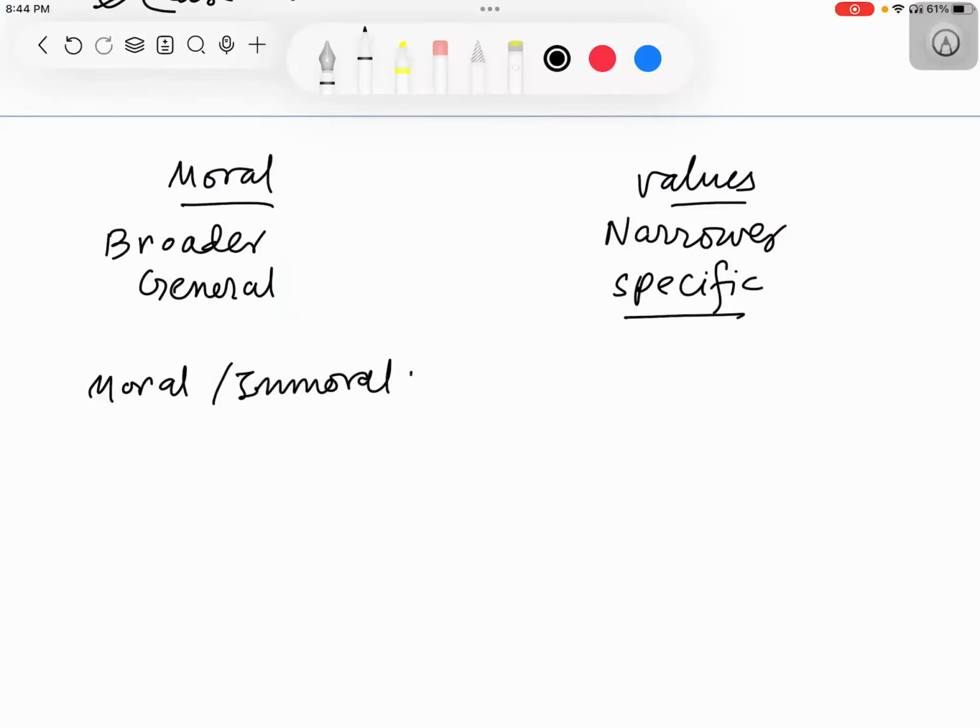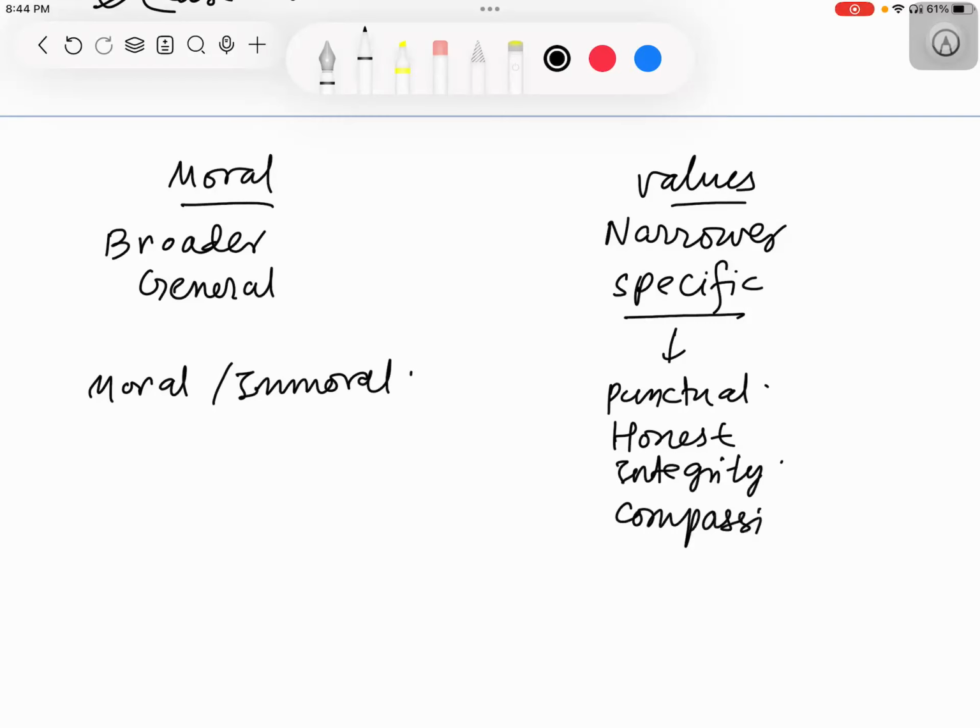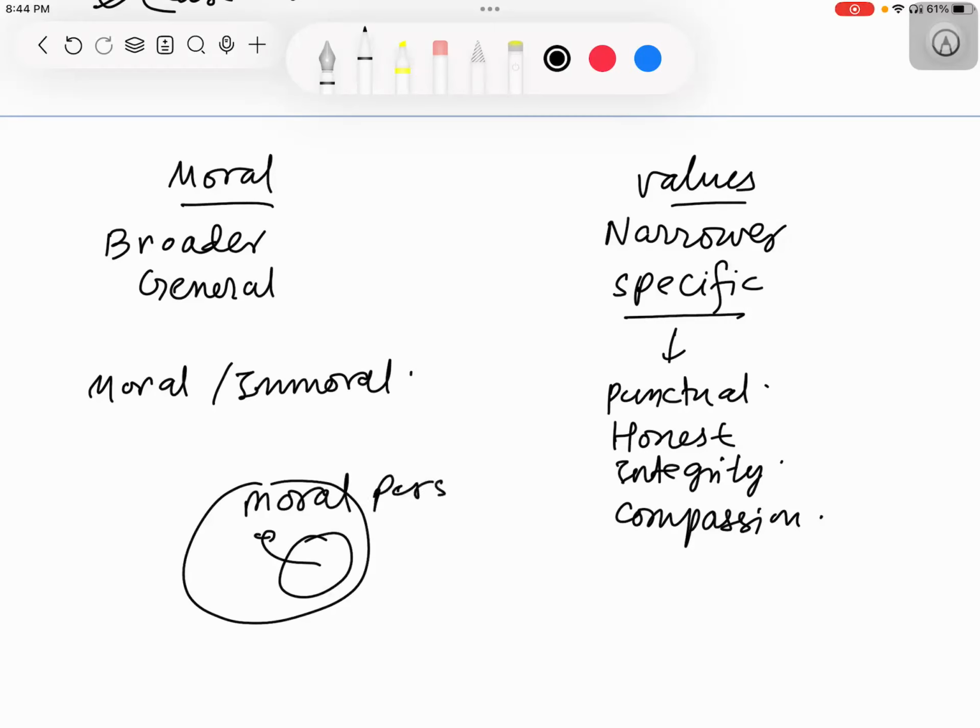Whether you have any specific values, whether you are punctual, honest, whether you have integrity, whether you have compassion, these are all specific points. If you have more positive values, then it is likely that you will become a moral person. If you have more negative values, then you will become an immoral person. So that is the difference, very simple difference.